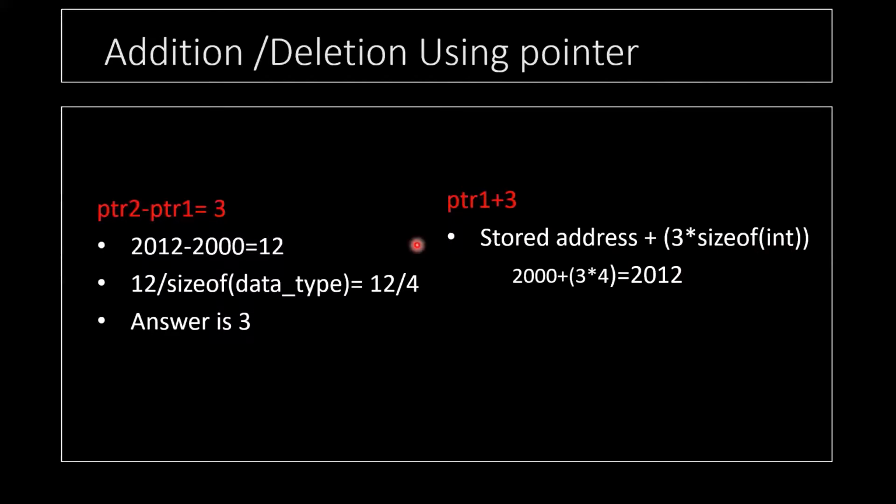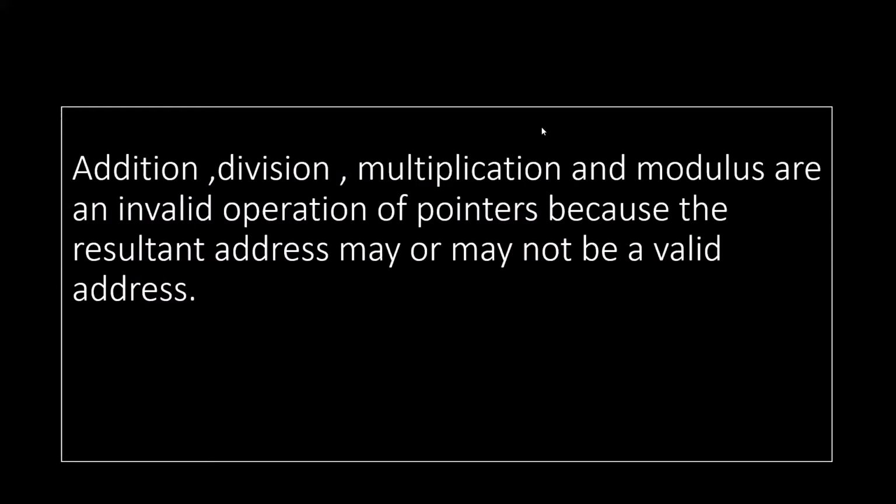You have to keep one thing in mind: other than subtraction, we cannot perform any other operations like addition, multiplication, division, or modulus with pointers. Addition, division, multiplication and modulus are invalid operations on pointers, because the resultant address may or may not be valid.